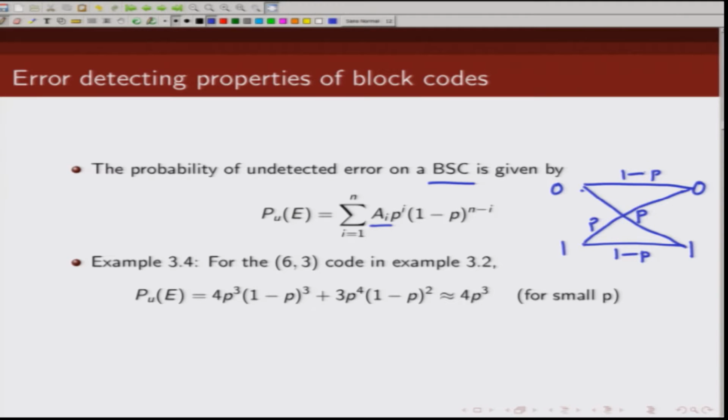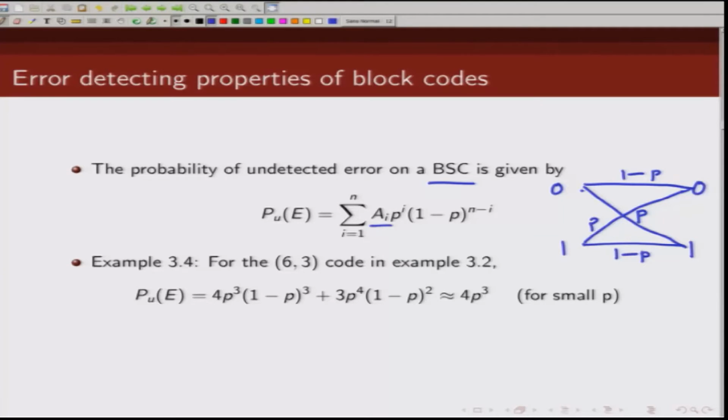So, you are sending a code word which is an n bit tuple. Now, what is the probability that you send an all 0 code word and receive another code word of weight i? That will happen when i bits get flipped and n minus i bits do not get flipped.